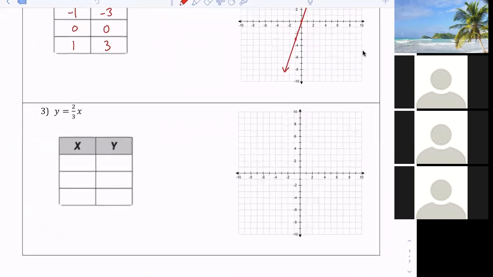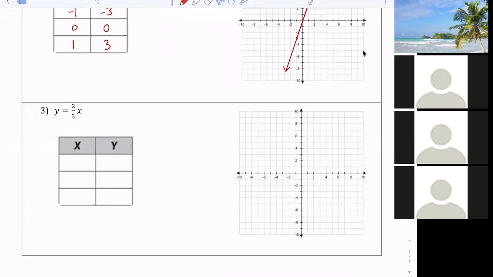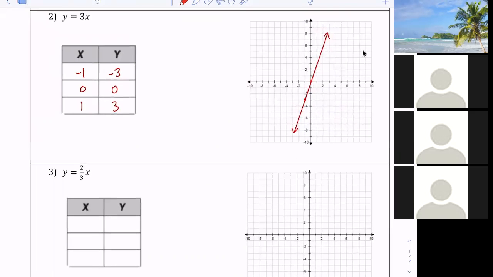Now, number 3. Now you have to pay attention. I don't like -1. Why do I not like -1? Come on. Well, how would you count 1, 3? To the right 1 and up 3. But then it wouldn't make a line. That just means you didn't graph the points properly.